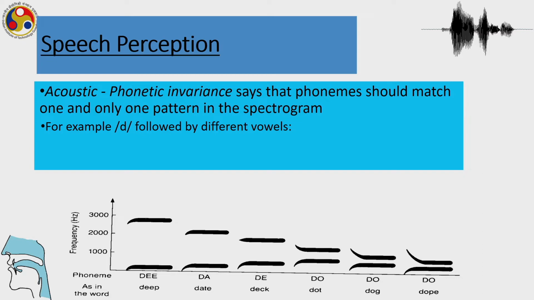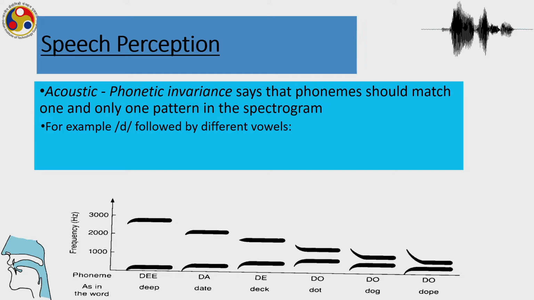But what is important to note here is that formant transitions are very different; the movement in and out could be quite drastically different, and you can see that the front vowels and the back vowels are completely different, while one is sort of rising. You can see a falling one, F2 for do, and for dot, dog and dope, quite different from D as in deep, day as in date, and day as in deck.